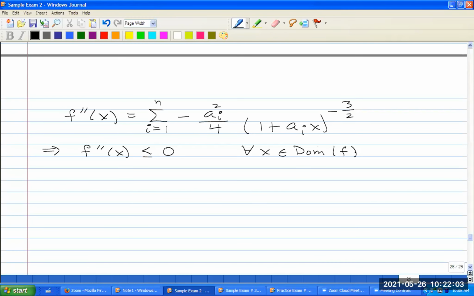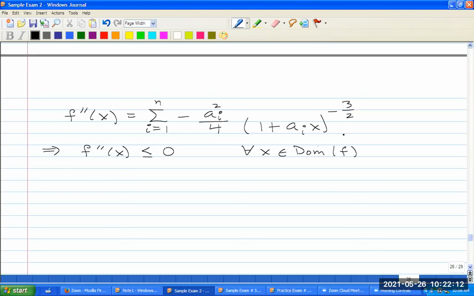Okay, so actually, maybe I'll say what the domain of the function is. Not that it really matters, but let's figure out the domain. If I look at these, I don't want to take the square root of negative numbers.